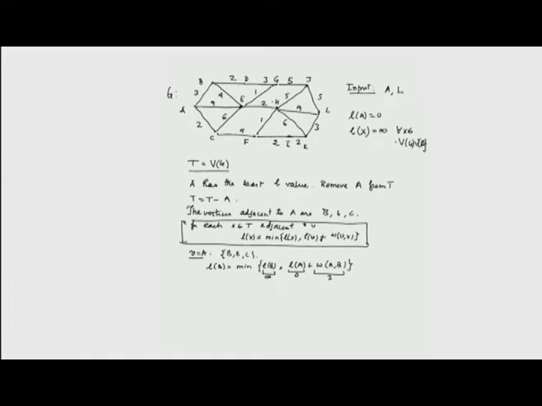So, we have got a choice between infinity and 3. So, the minimum is going to be 3. Then L of E is going to be minimum of L of E and L of A plus W A E, and using the same argument it is going to be 9, and similarly L of C is going to be 2, which is minimum of L of C, L of A plus W A C.